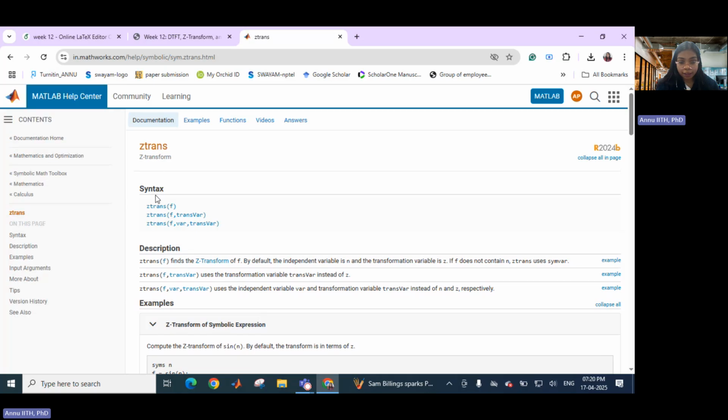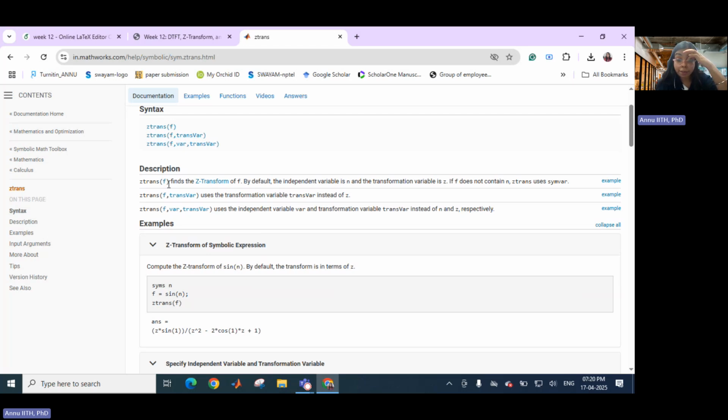So we have 3 functions, that is the 3 syntax, ztrans(f). ztrans(f) defines the Z transform of f, whatever the input is.